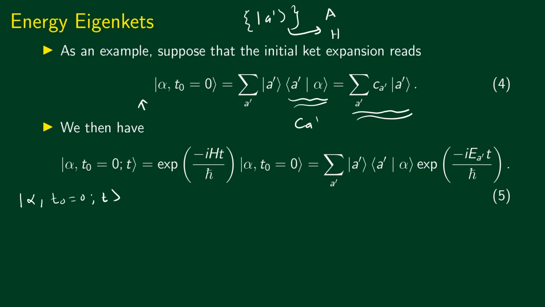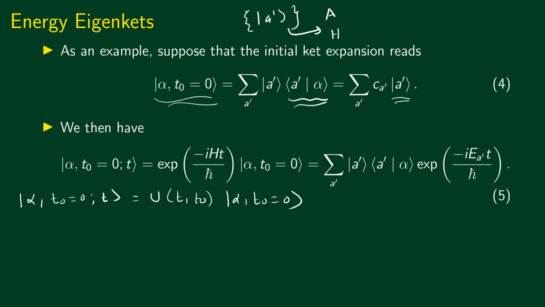This is the state of the system at a later time t, equal to U of t, t0 acting on ket alpha, t0 equal to 0. Since we have expanded the initial ket in terms of energy eigenkets, we can use this form of the time evolution operator.